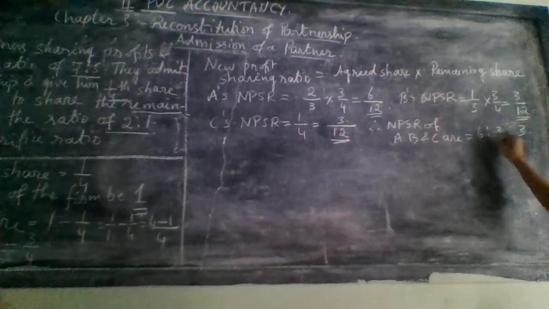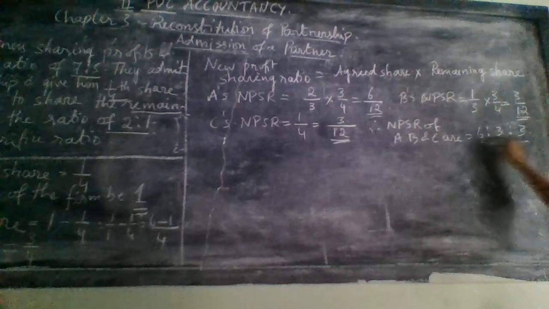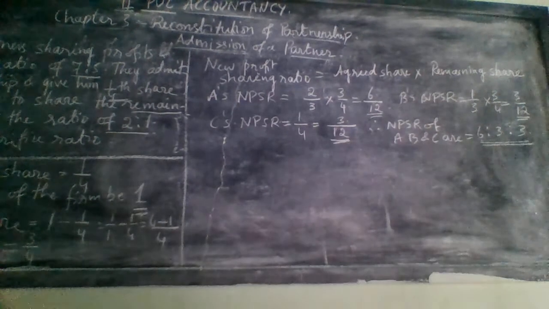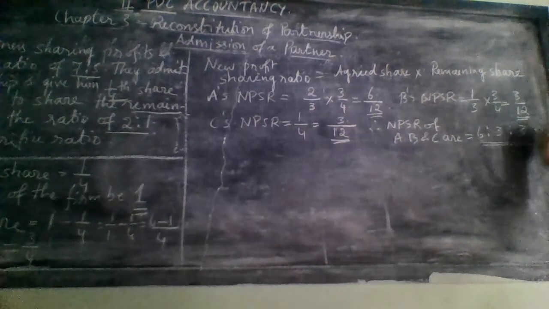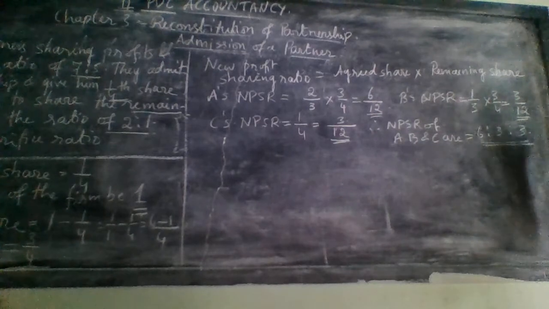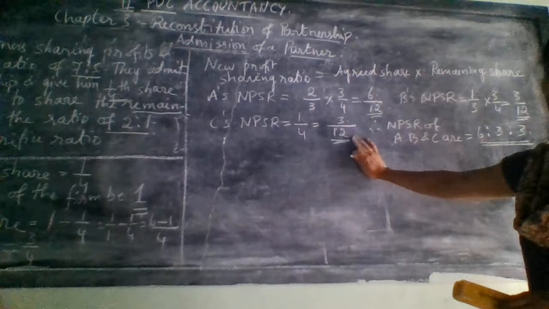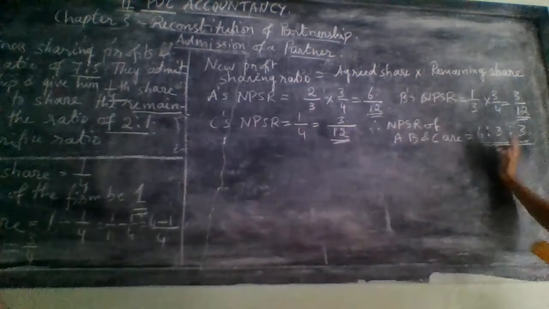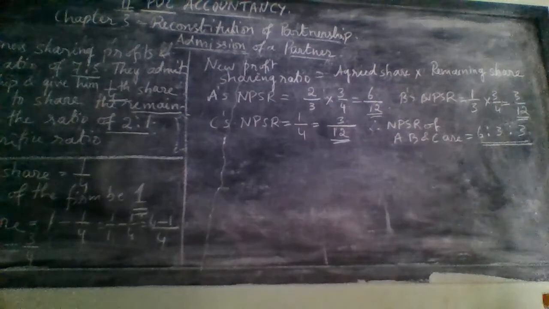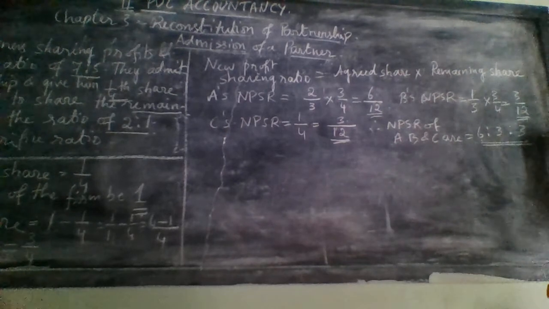Okay. So this is 6 is to 3 is to 3. Here again you can simplify this. Why? Because all the 3 numbers are divisible by one number, which is 3, correct? You will come to know whether it is right or wrong in this form only, where you add and check that you got 12. After doing simplification, don't check whether it is equal to the previous denominator or not. So these 3 can be divided by 3.